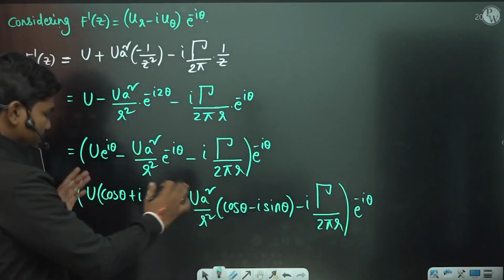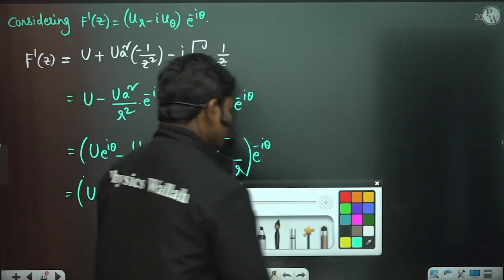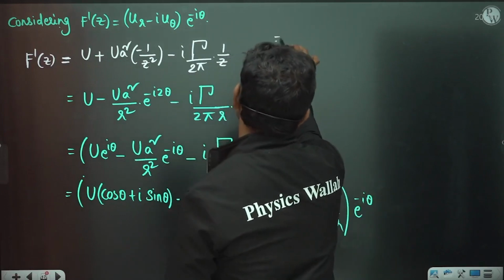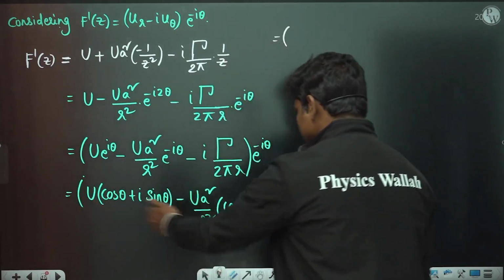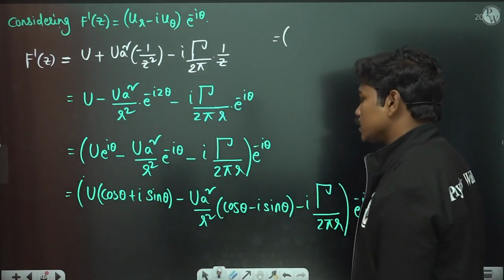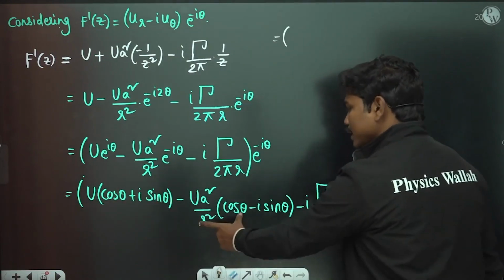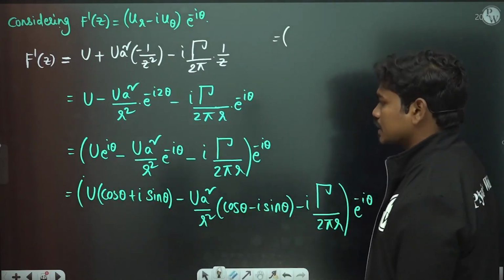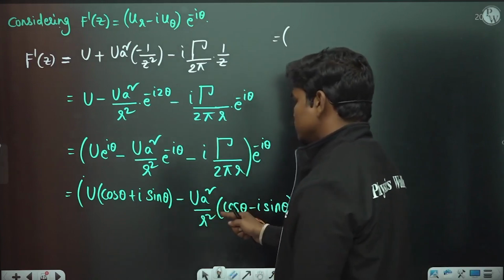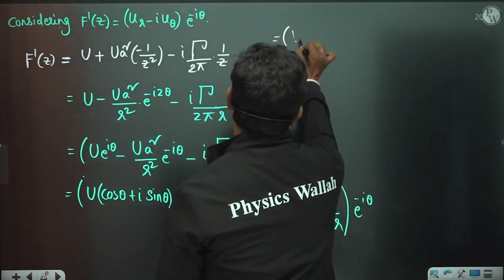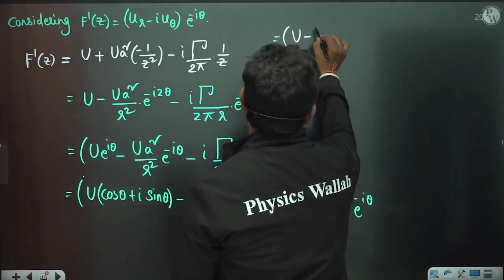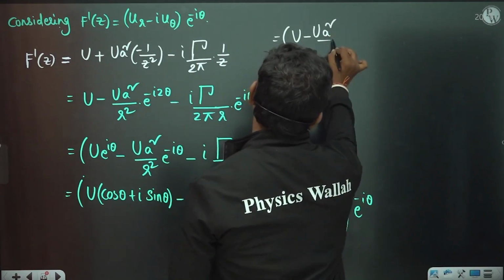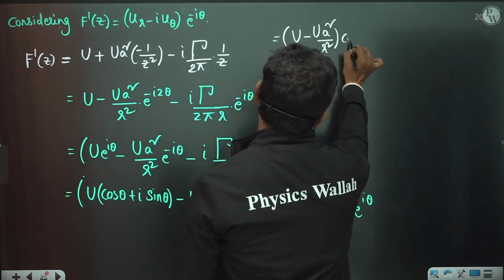Now if you segregate the terms, take the real terms out of this complete combination. Here you have one real term and here also you have one real term. All others are complex, correct? So u cos theta minus u a square by r square cos theta, so (u minus u a square by r square) cos theta.